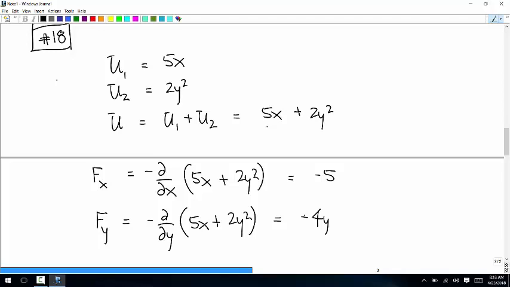So that says that no matter where the object moves, the x component of the force is constant. It's just 5 newtons or whatever units you're using. And the y component of the force gets bigger magnitude as you get larger y value.